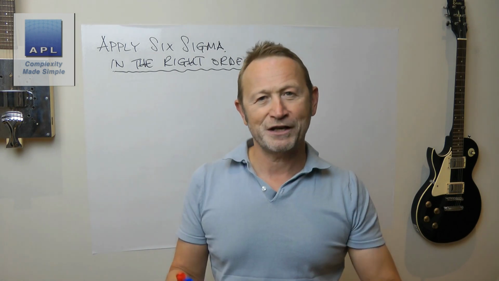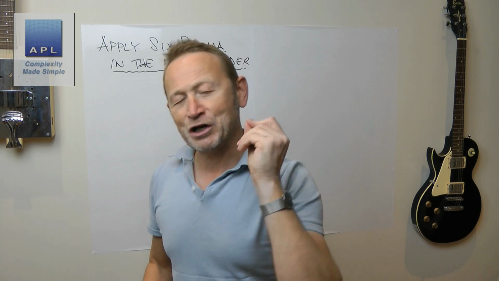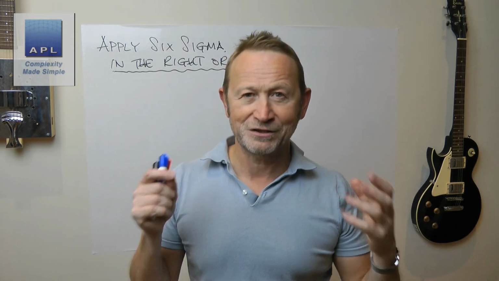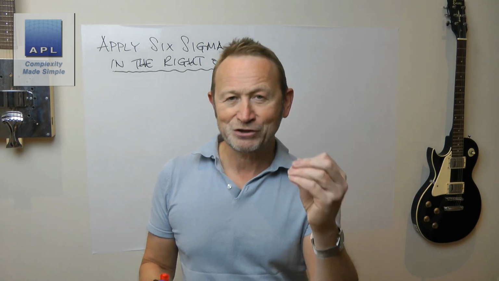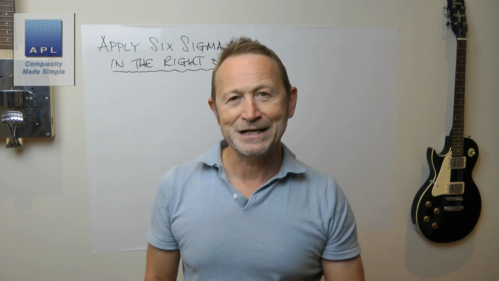And as I watched that, I thought, well, that's exactly the same as Six Sigma. You've got to learn it in the right order, and then you've got to apply it in the right order. So let's talk about learning Six Sigma and applying Six Sigma in the right order.